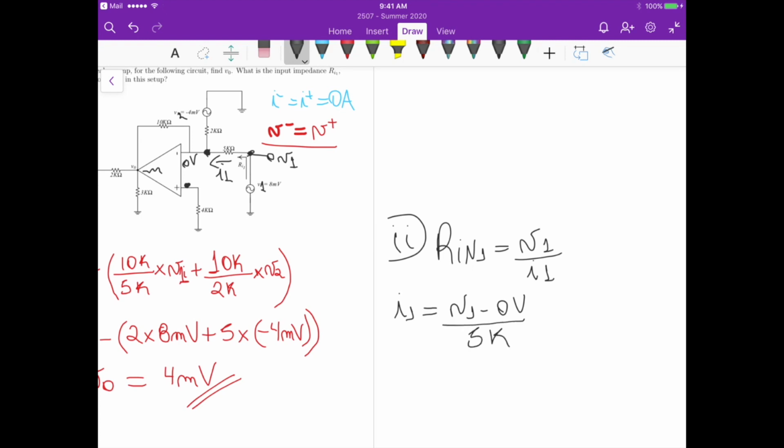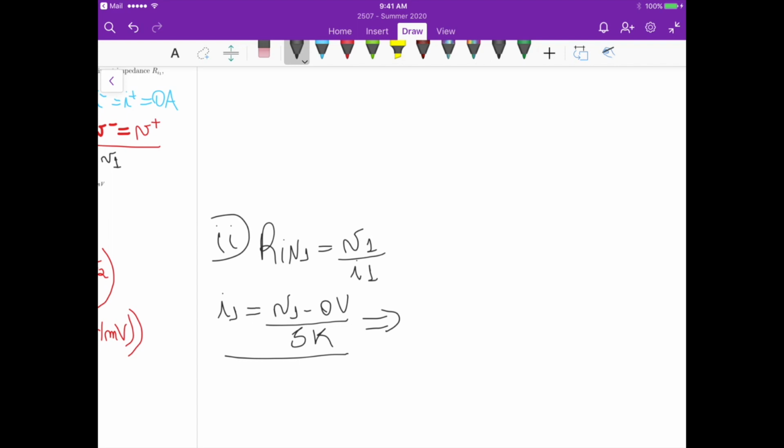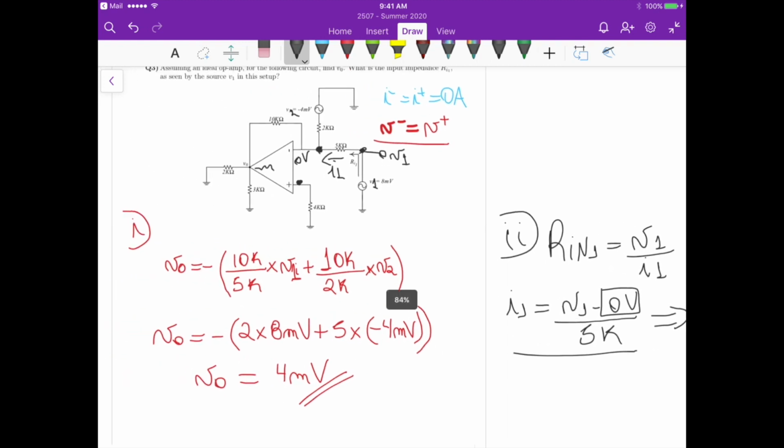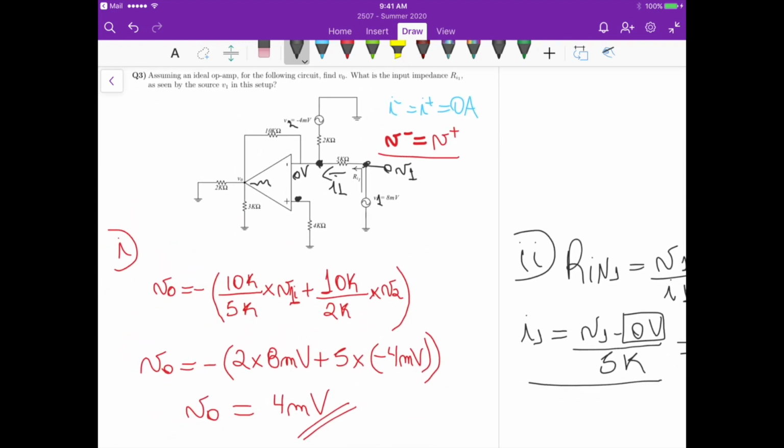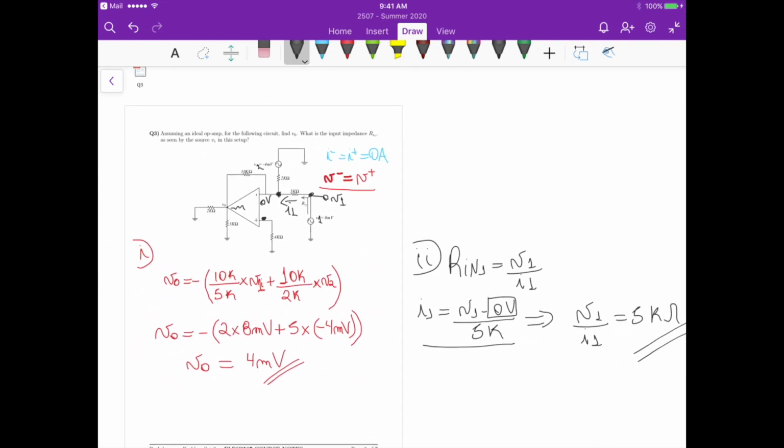Rearranging this equation, V1 divided by I1 equals 5k ohms. That's the input resistance for this particular circuit, and that's basically all the solution for this problem.